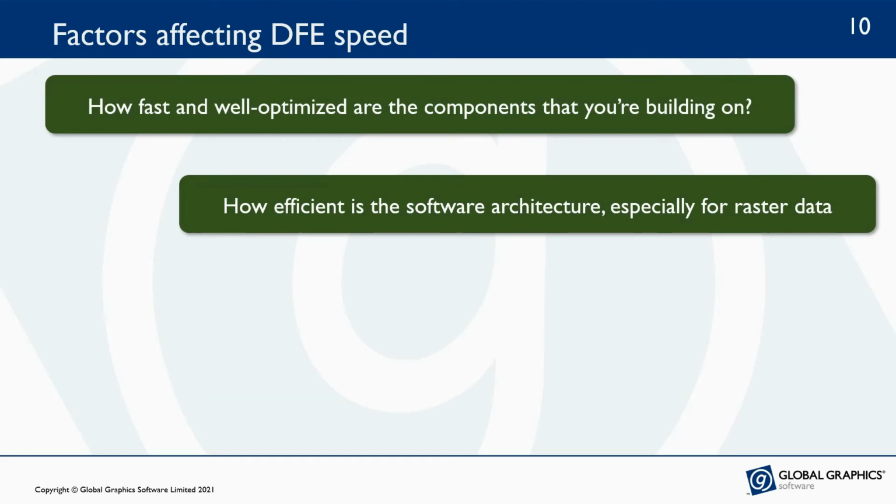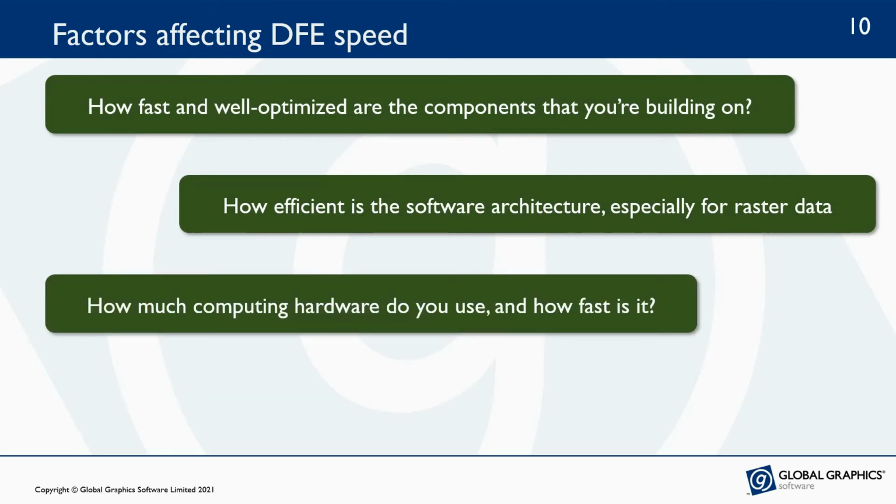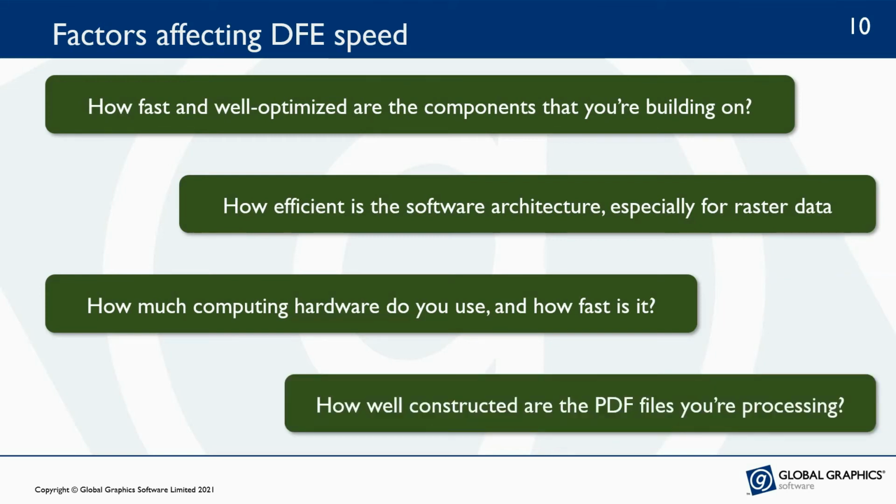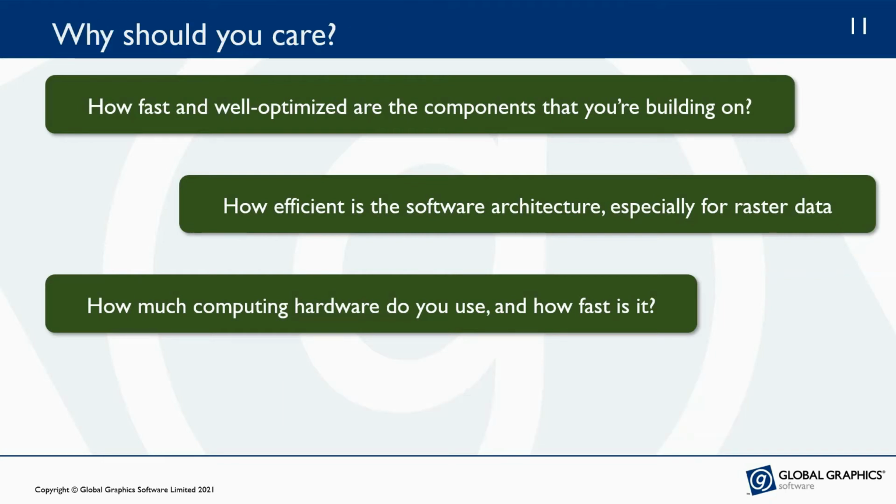How efficient is the overall software architecture, especially for managing the huge amount of raster data between the RIP cores and the press interfaces? How much computing hardware do you use, and how fast is it? How efficiently constructed the PDF files you're processing are. I'll come back to that last one later. Let's just look at how the first 3 factors affect one of the key challenges in building a DFE.